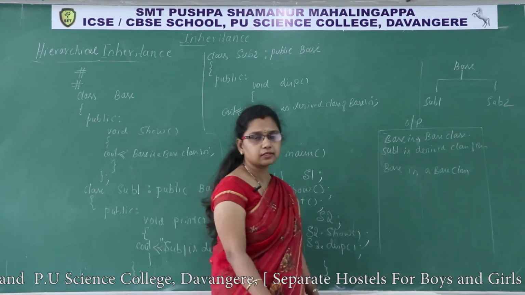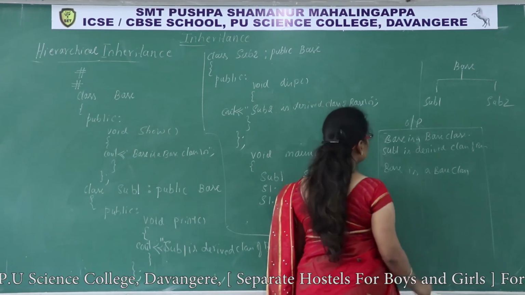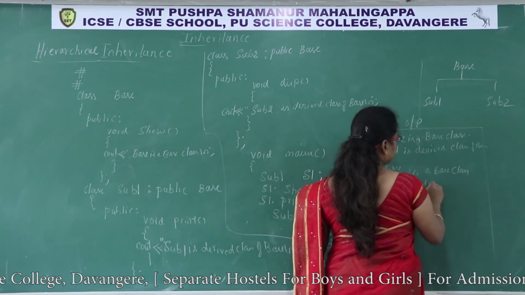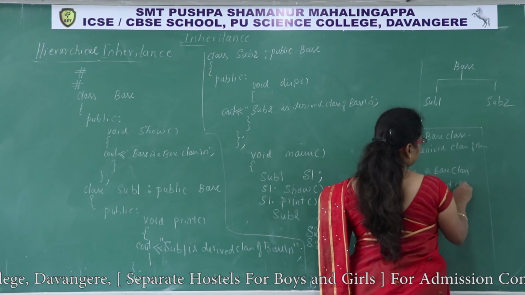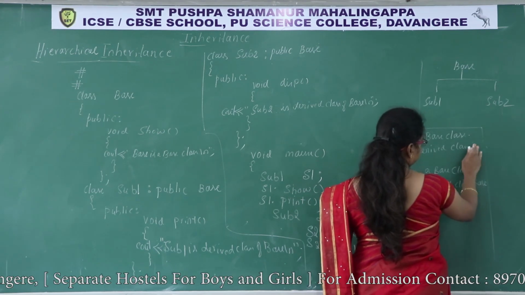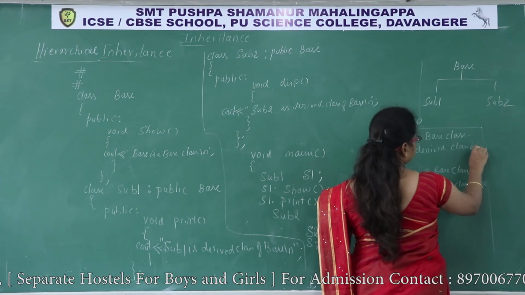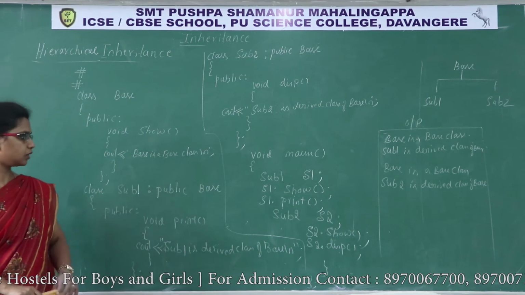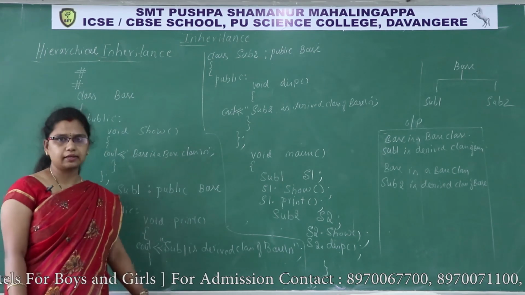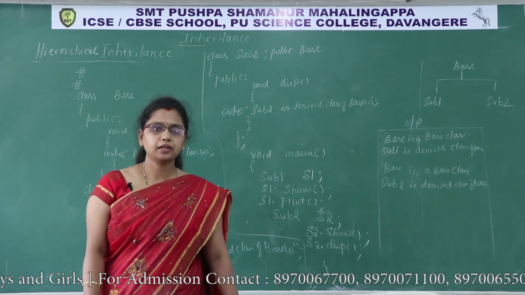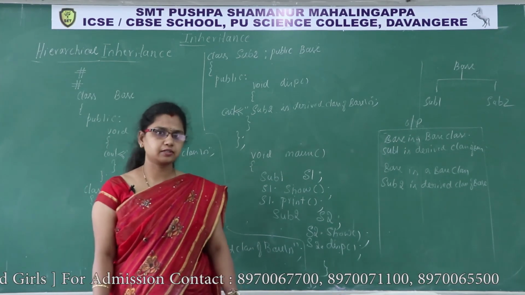Sub 2 is derived class of base. This is about hierarchical inheritance. So, in the next class, I'll explain hybrid inheritance. Thank you.